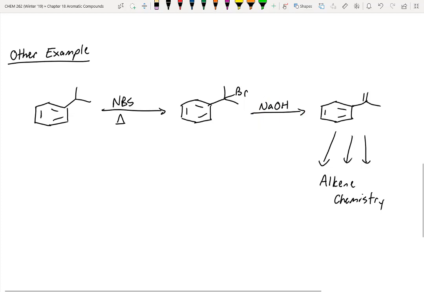Okay, so what if we absolutely wanted to do substitution and we didn't want to do elimination on this? And what I mean by that is how can we, let's say, get this all the way to an alcohol without running into the elimination product? What reagent would we need? Not quite.